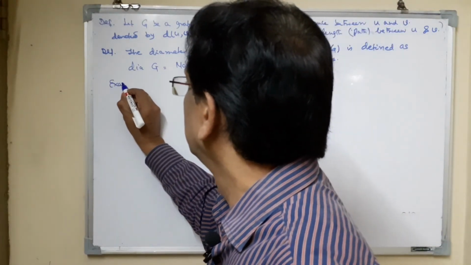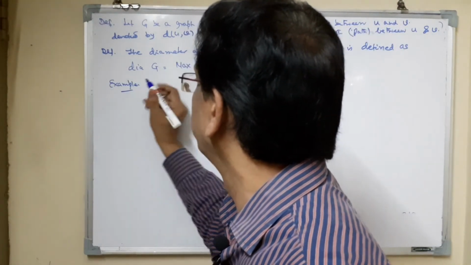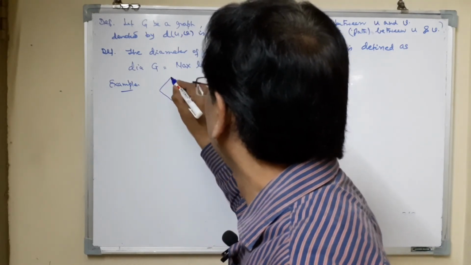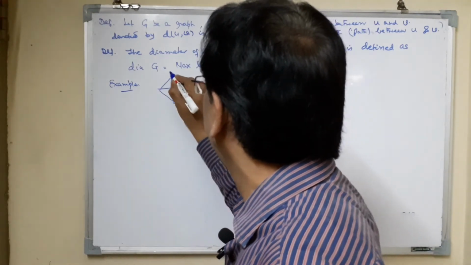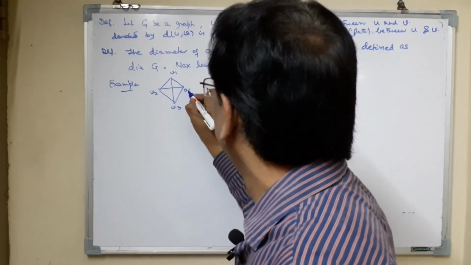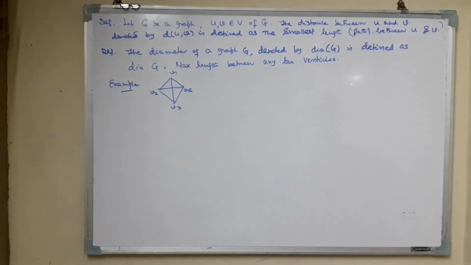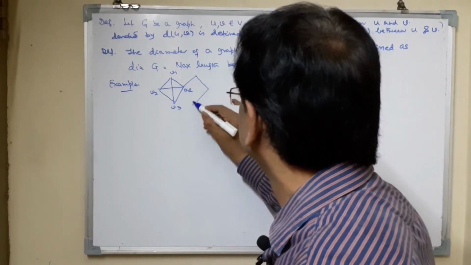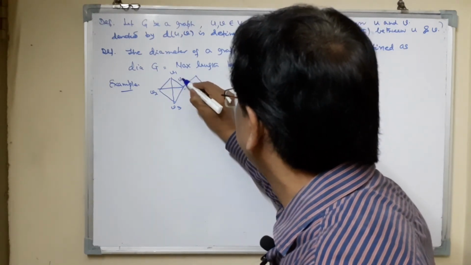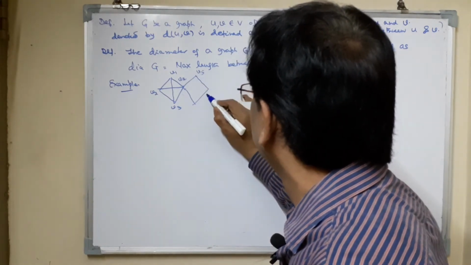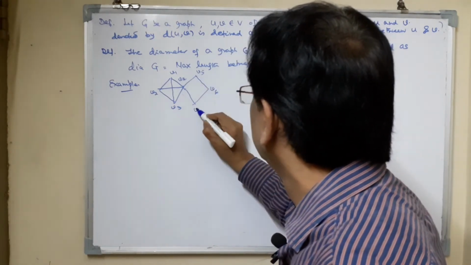Let us look into an example. V1, V2, V3, V4, V5, V6, V7.